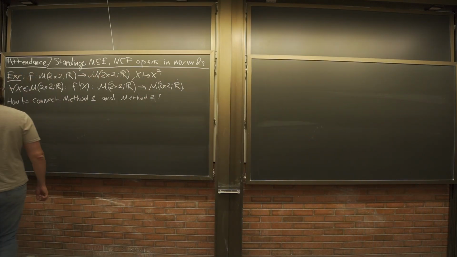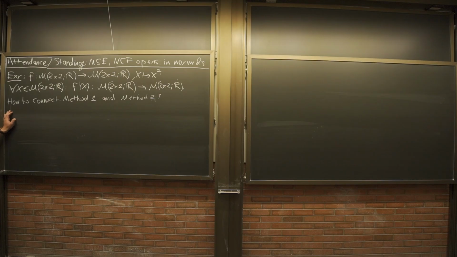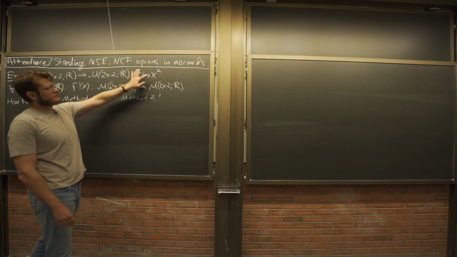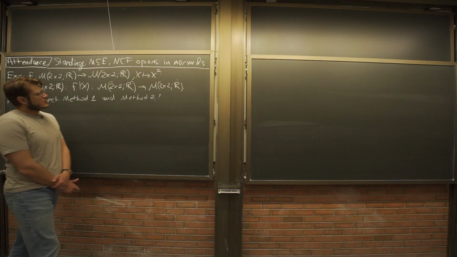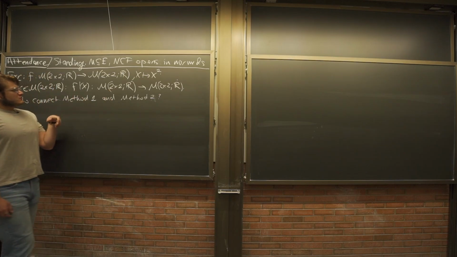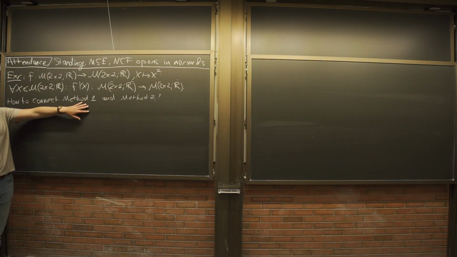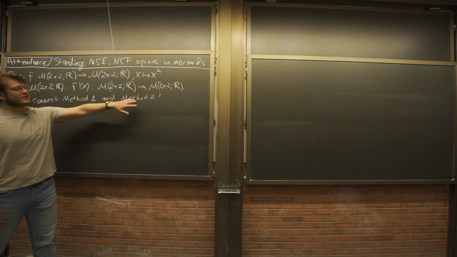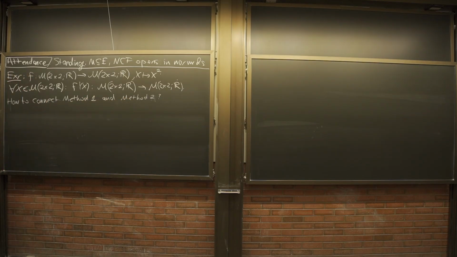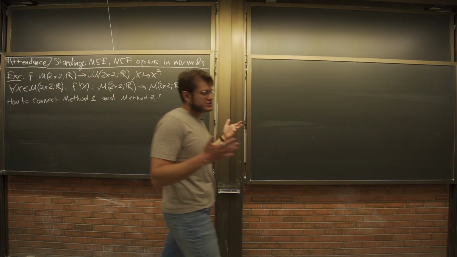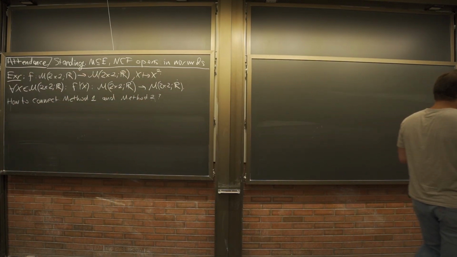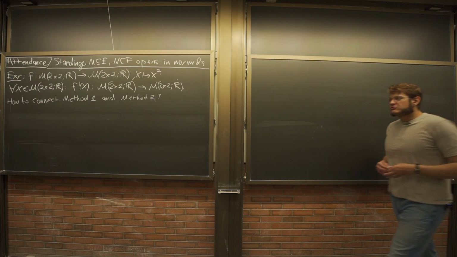And even before that, yesterday we spent around 30 minutes just computing the derivative of x goes to x squared, where x is a square matrix. At least in the case of 2 by 2 matrices, we had two methods. Method 1 was by way of vectorization, and method 2 was basically by using the definition. So we started with f of x plus h, where h is a small matrix, and then expanded it out.